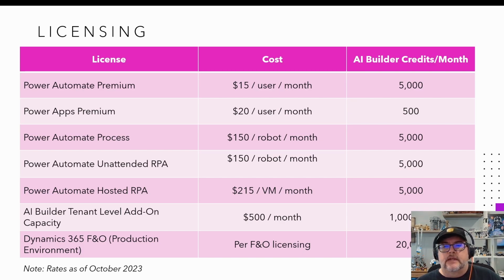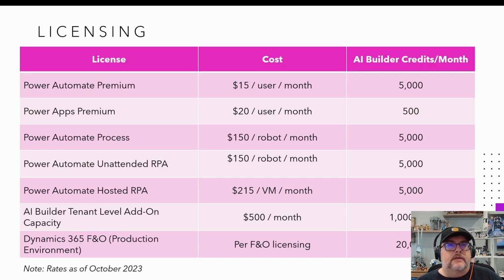So if you have multiple tenants, the credits all go to that one tenant. There are a lot of different nuances that you have to understand. And then at the tenant level, for $500 a month, you can get 1,000,000 credits that can be used across your tenant.